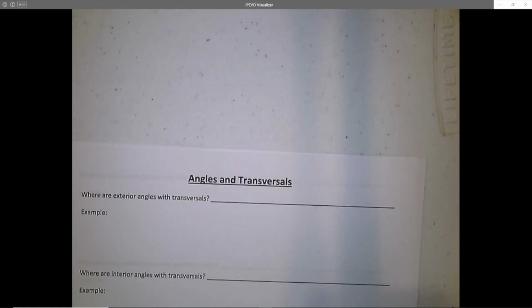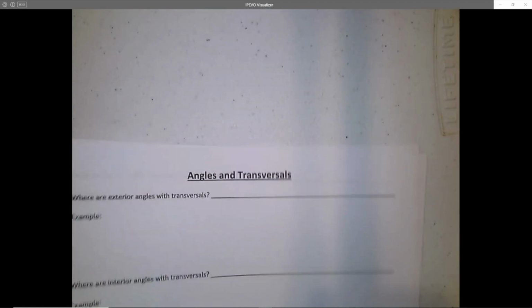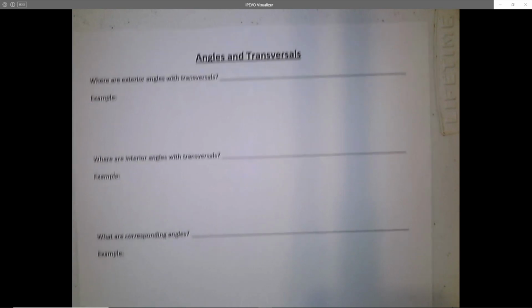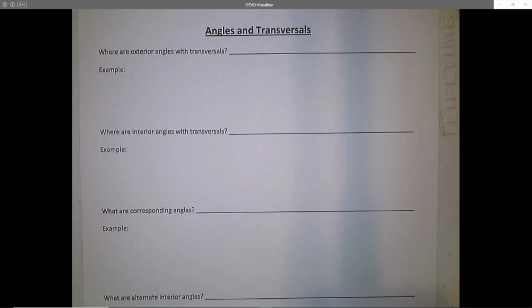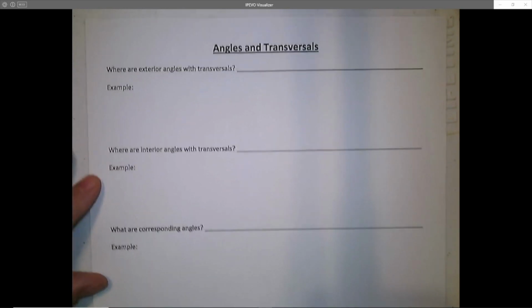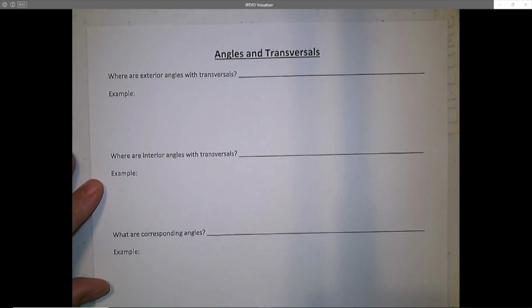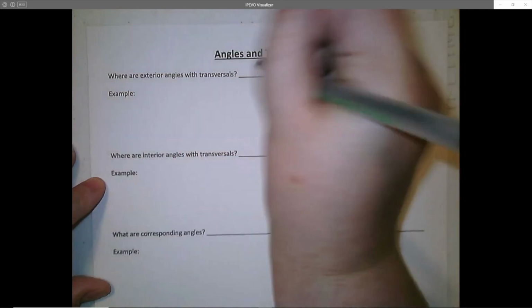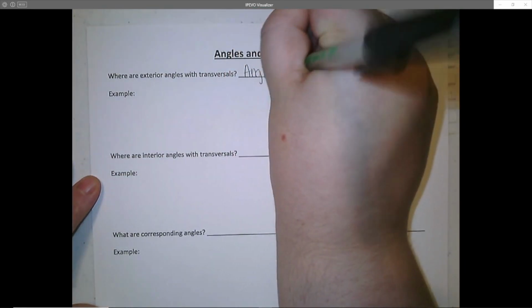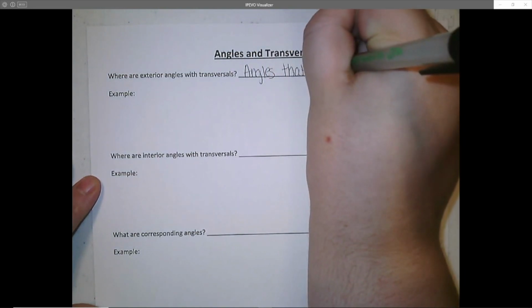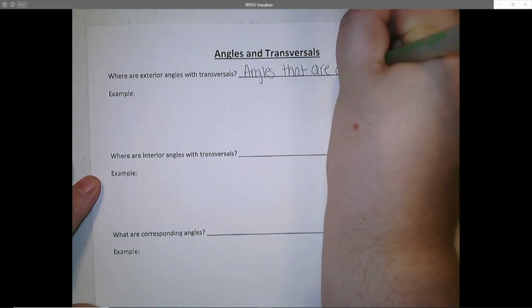Now that we looked at some examples with parallel lines and transversals, what we're going to realize is that there are angles that are created from these lines and these transversals. So first off, we have exterior angles with transversals. These are angles that are outside.